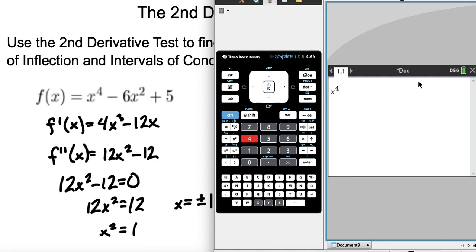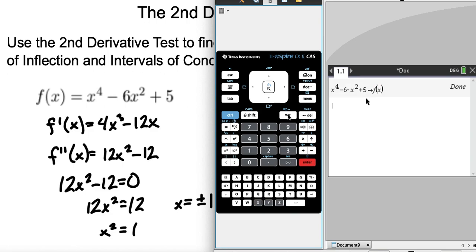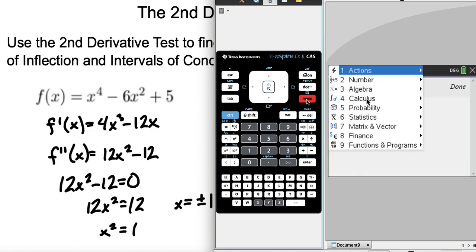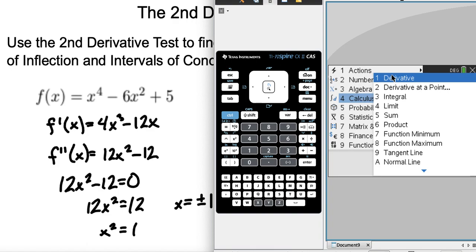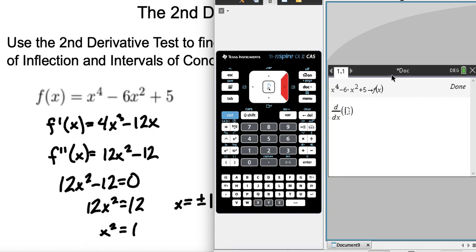We're going to store it as f of x. Then we go menu, calculus, find the derivative. We have to go through the first derivative if we're going to get to the second.